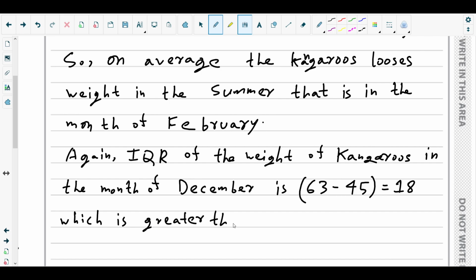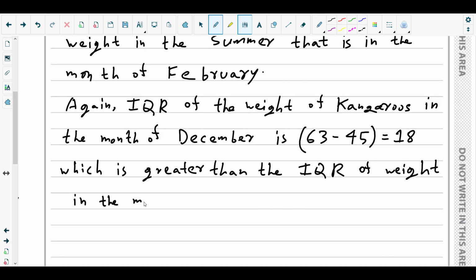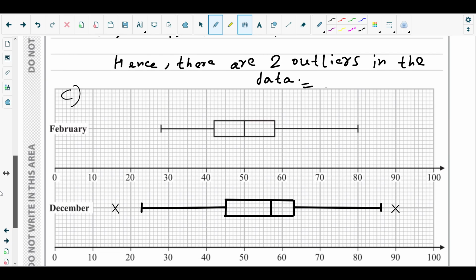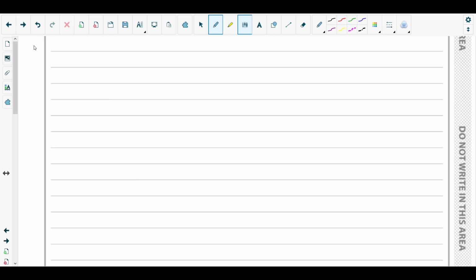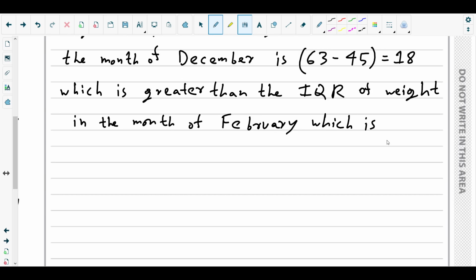So the IQR of weight in December, 18, is greater than the IQR of weight in February. In February, the IQR is 58 minus 42, which is 16.